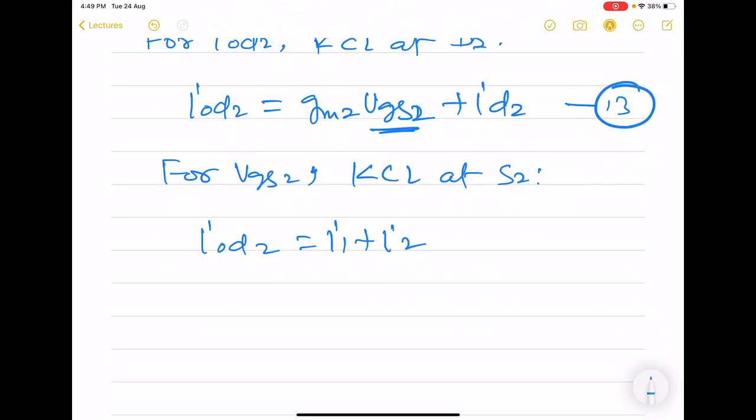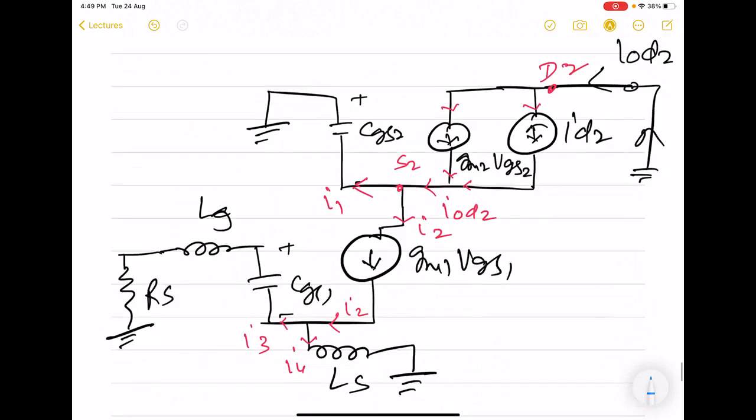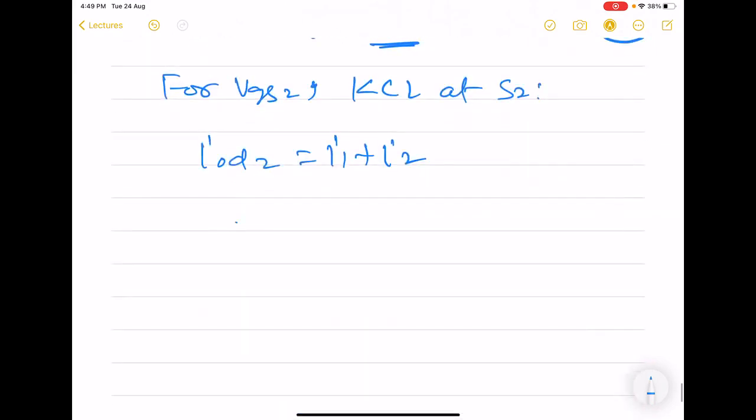Where I2 is equal to gm1 VGS1, and I1 is because of the VGS2 voltage and CGS2. So we find that I1 is minus VGS2 divided by X_CGS2.